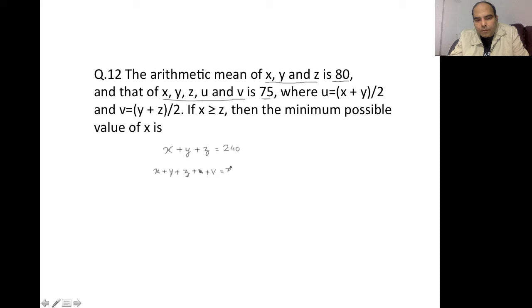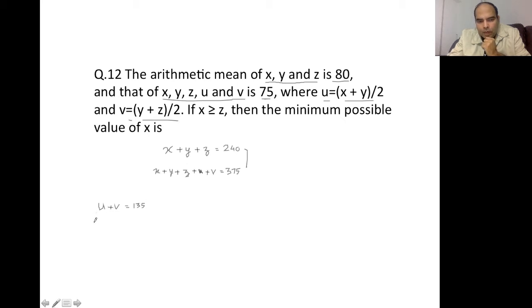And from these two, you realize first reaction is that u plus v must be 135. The value of u plus v must be 135. And then they tell you that the value of u is x plus y by 2 and the value of v is y plus z by 2.